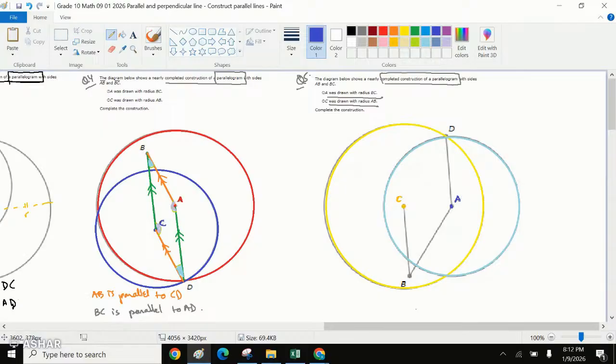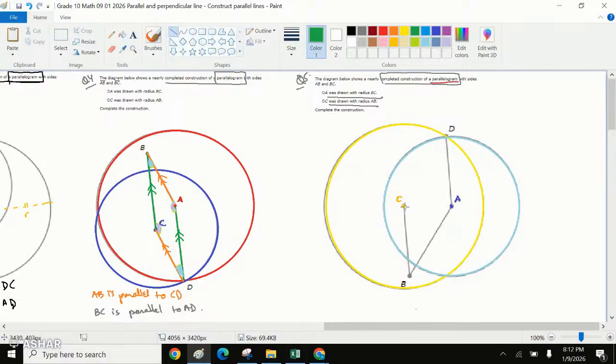Okay, we need to draw a parallelogram in this case. So what we can do is draw a set of parallel lines. If three sides are already given to us, we just need to find the missing side, right? So first thing first, if three sides of a parallelogram are given, we need to find a pair of parallel lines.